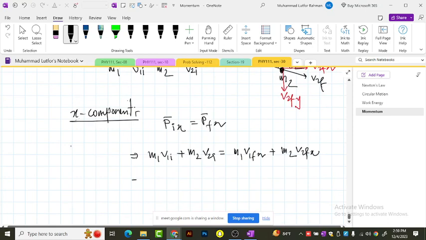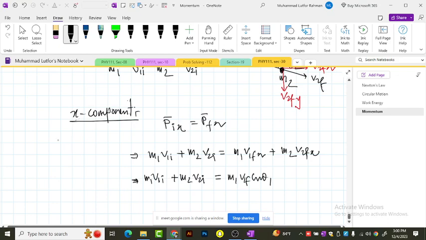Now this one I can write as m1 v1i plus m2 v2i. This v1fx, I can actually write as v1f cos theta 1.